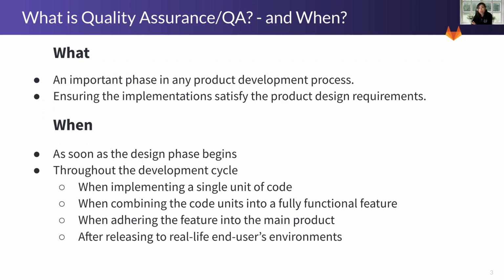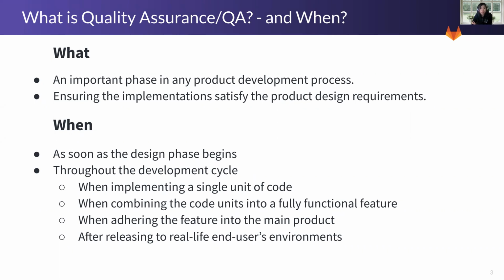But for the class, let's just assume the product we're talking about is software. Quality assurance will make sure that when we implement a new feature, that feature satisfies the product design requirements exactly. And when do we start testing?